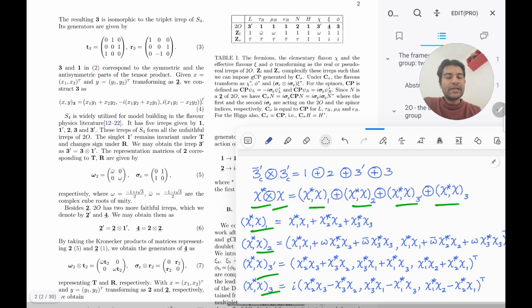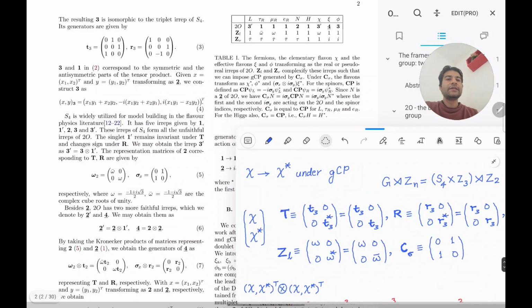One thing to note is that in the case of chi cross chi or chi star cross chi star, the antisymmetric part vanishes, so we don't get 3. On the other hand, with chi star cross chi, we also obtain the representation 3 on the RHS.